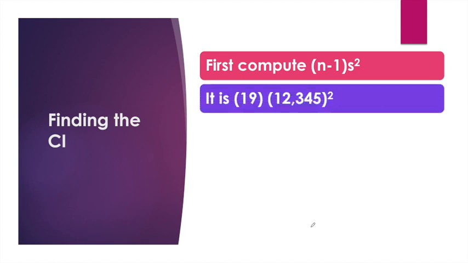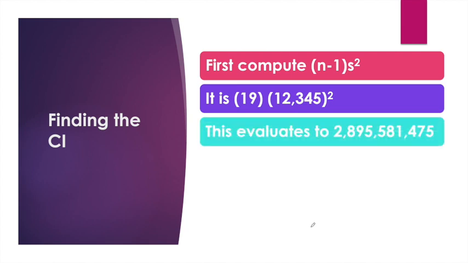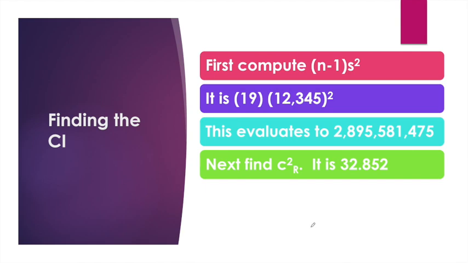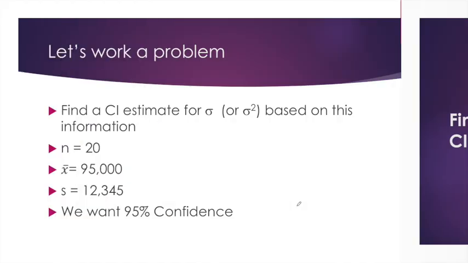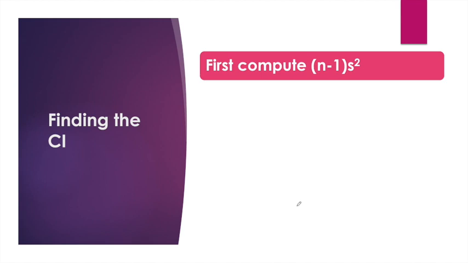So first, we compute n minus 1 times s squared. This is a really big number, which we then use to find our chi-squared values. Our right chi-squared value is 32.852, and our left chi-squared value is 8.907. You're going to do this by finding, because our degrees of freedom was 19, right?